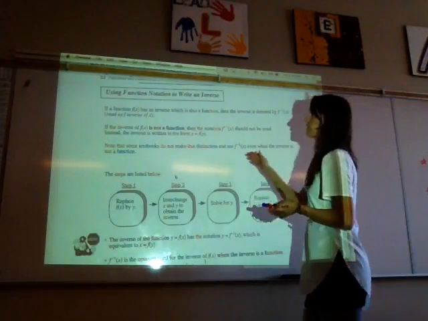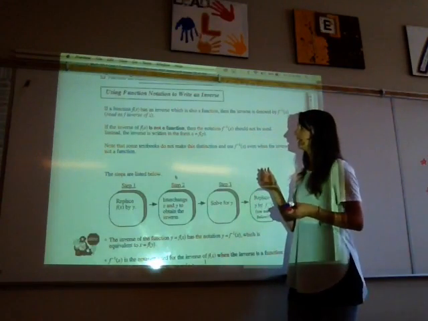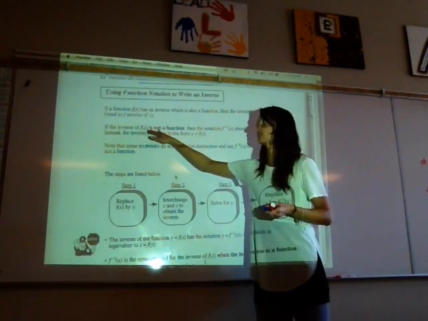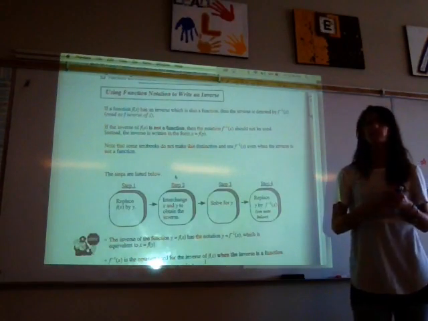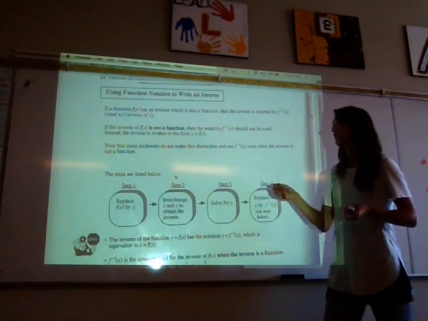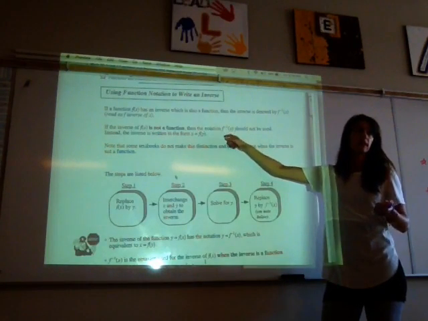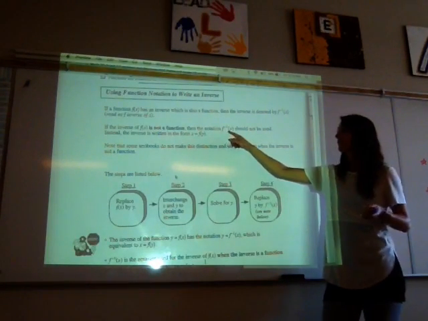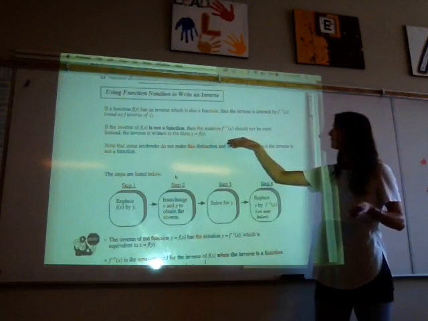Okay, so if you have the notation f of x, it is a function. But if it's not a function, then you can't use that notation. Okay, similarly with the inverse, if the inverse is not a function, you can't use this new notation, the inverse of f of x. Okay, so if you see this here, that means the inverse of f of x.